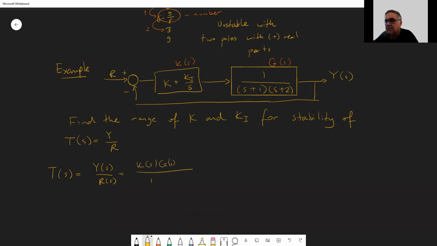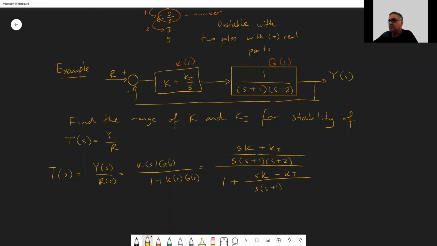I have done this many times before: 1 plus K of S, G of S, which you can write as (Sk plus Ki) divided by S times (S plus 1)(S plus 2). This is KG, right? The same thing repeated here.